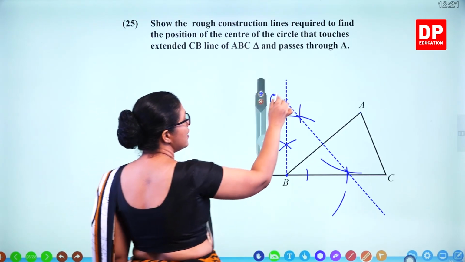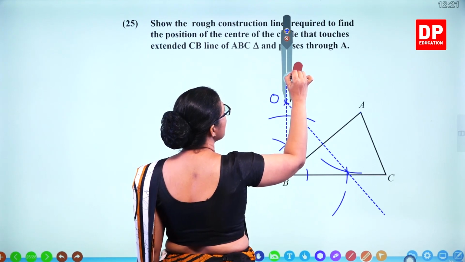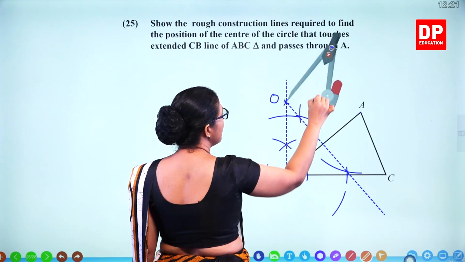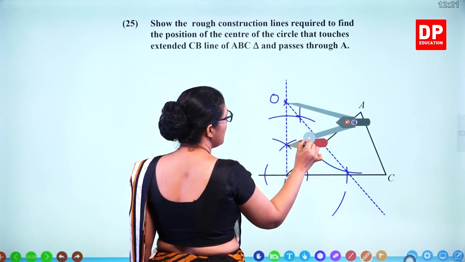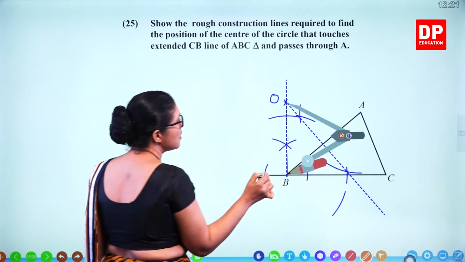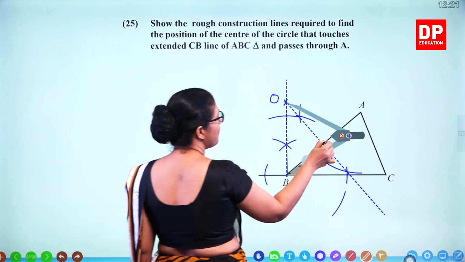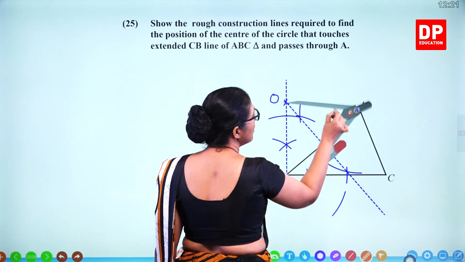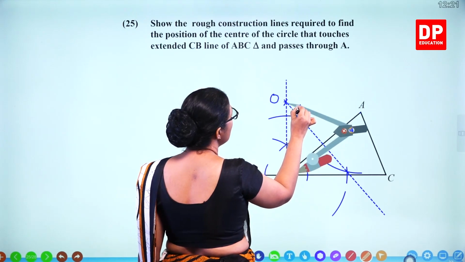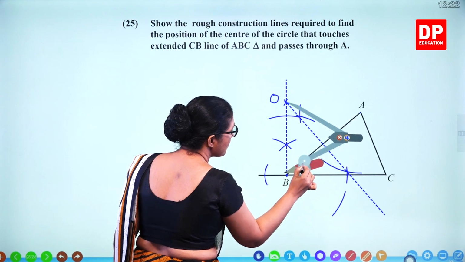So we'll check whether this is correct. You take the radius as OA or OB. I'll take the OB distance and see whether it works. It should touch this point and pass through point A. So check.